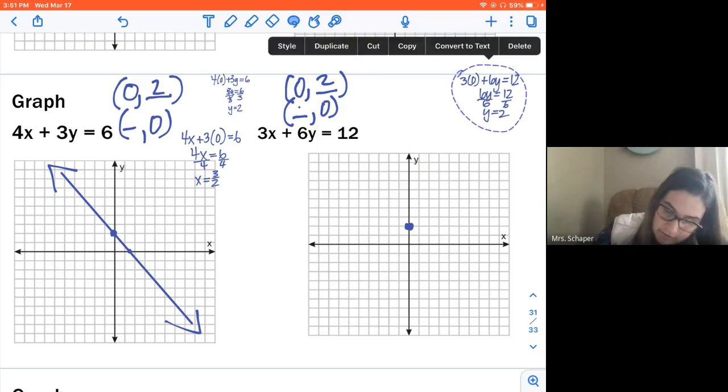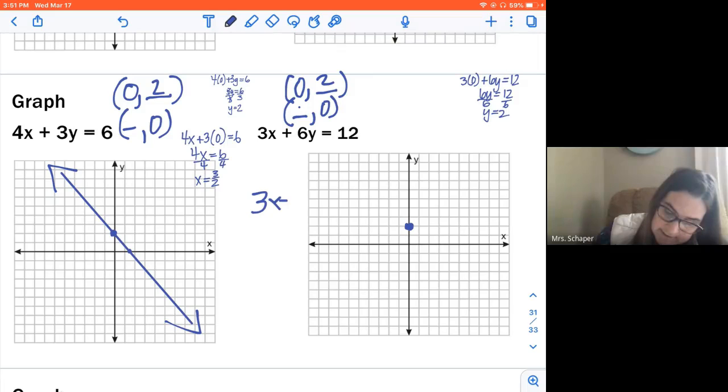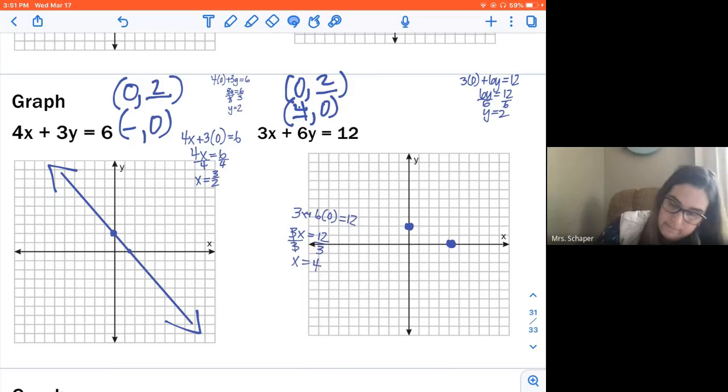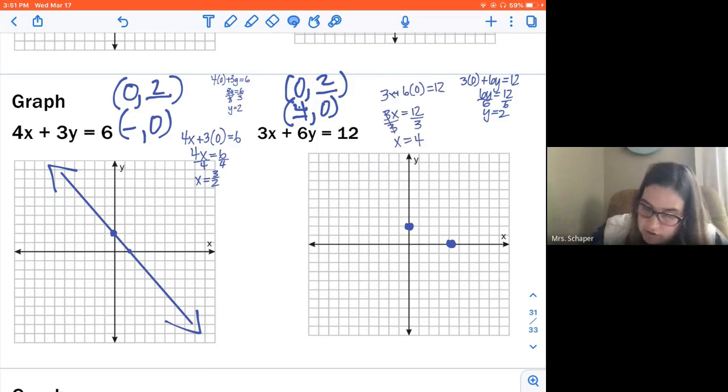So I've got 3x plus 6 times 0 equals 12. 3x equals 12. Divide by 3, x equals 4. So I'm going to go over 4 on the x-axis, and plot those points out. And I can draw my line.